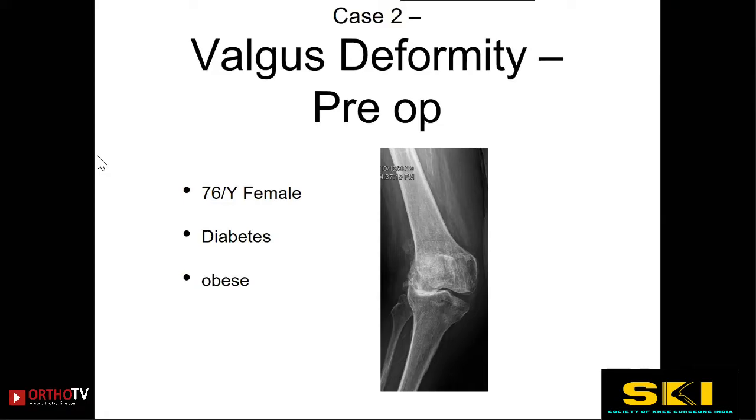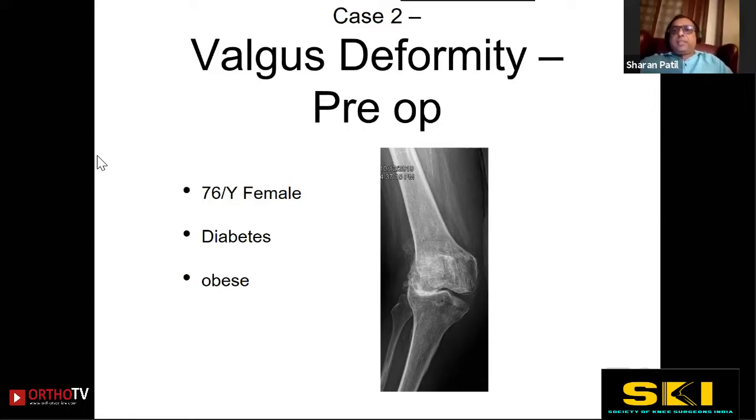So it's obviously a situation where we might need extensive lateral release. I would still go by the anteromedial approach, do as much of releases as possible. If I find that I have to release beyond a point where there is lateral instability, I would go in for a semi-constrained knee, and that should be able to align and give me stability as well.